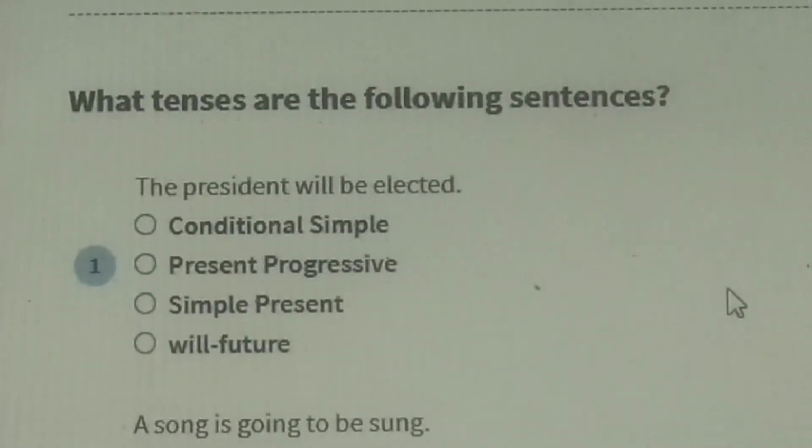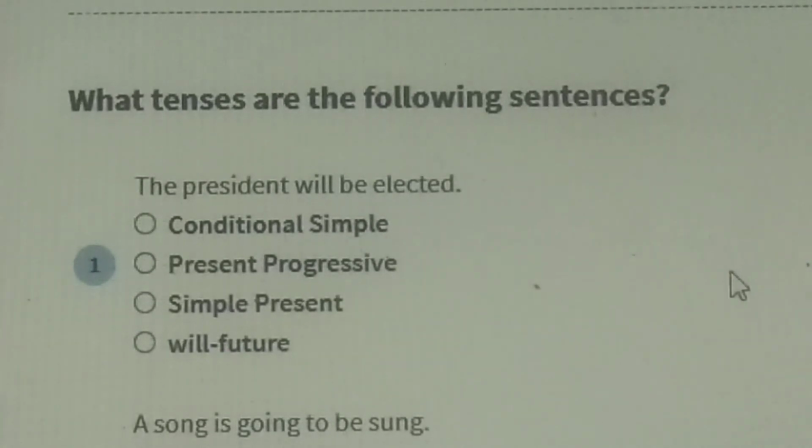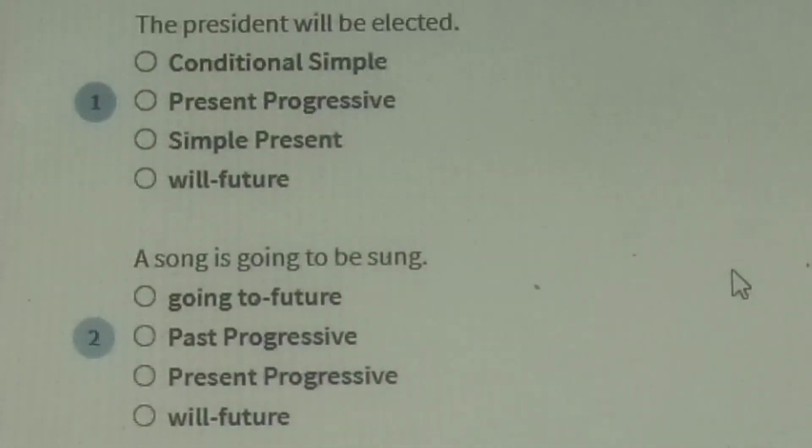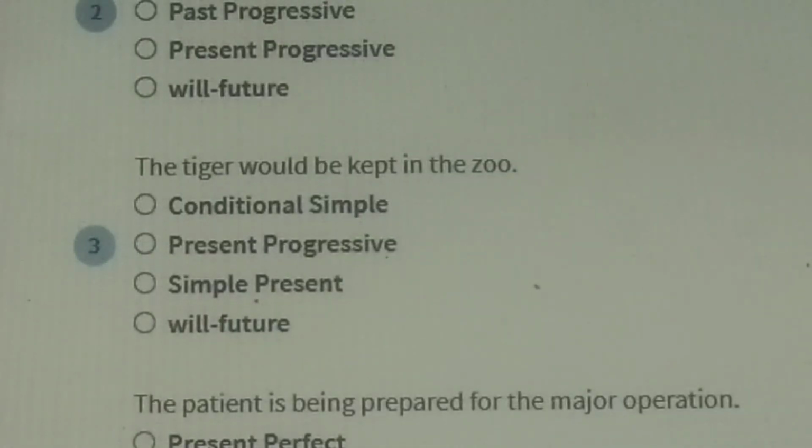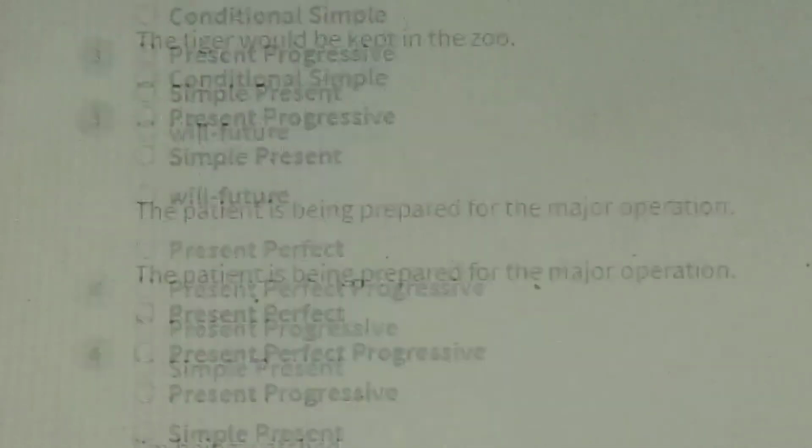What tenses are the following sentences? Come on, start doing this. Are you writing, children? Come on, write and take the correct answer. Hurry up, do it. We have the third one. Note it down, note down.